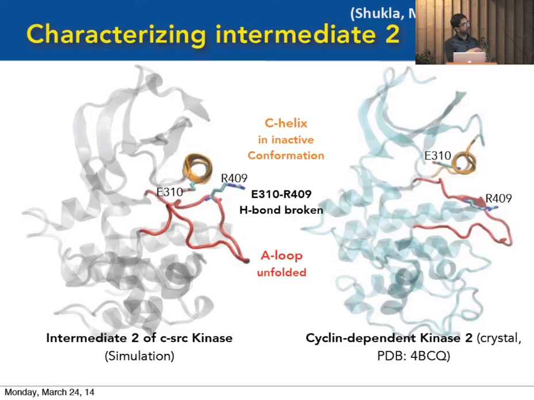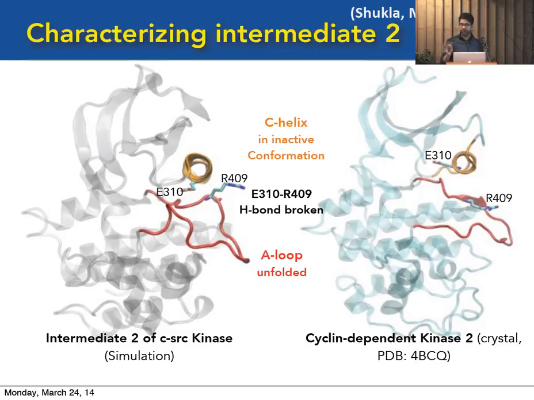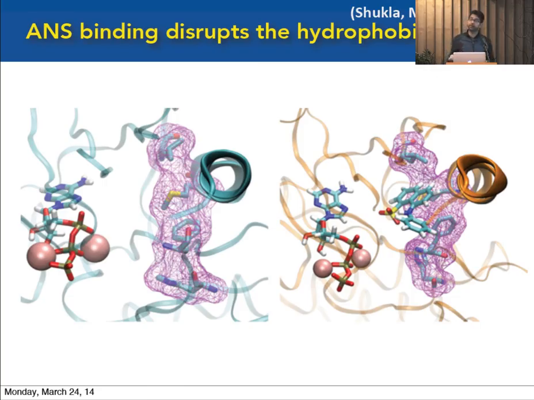And the crystal structure for this other kinase, CDK2, is very similar in structure to the intermediate. While this is by no means proof, it is intriguing that we might start to experimentally see these kinases by binding specific drugs and then co-crystallizing. This is an example of what I was talking about, where there's the hope that by doing these simulations we can make specific predictions and guide experiments in specific directions.